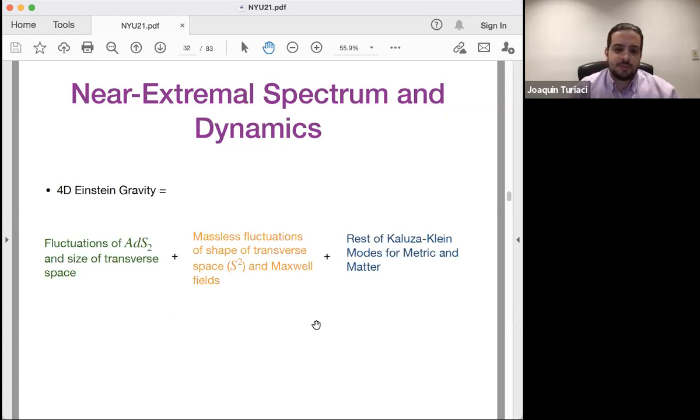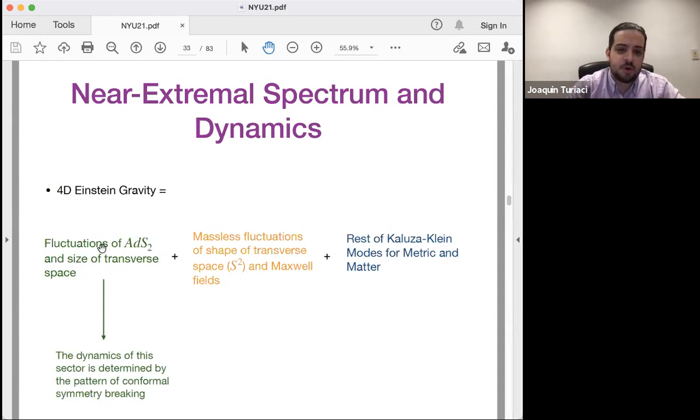So then you will end up with a two-dimensional theory with towers of infinite fields. And here I point out the separation between three groups of them that are important. One is fluctuations of the metric of AdS2, depending on time and radius, and also the size of the transverse space, this area of the transverse space that is slowly increasing as you move away from the horizon.